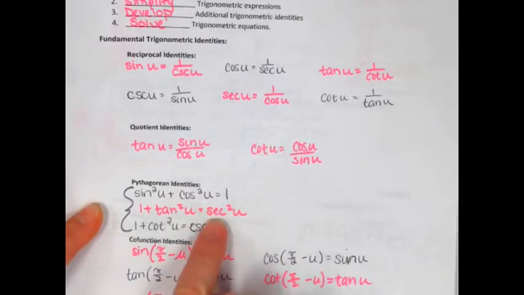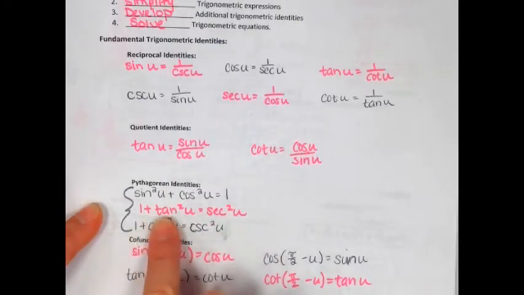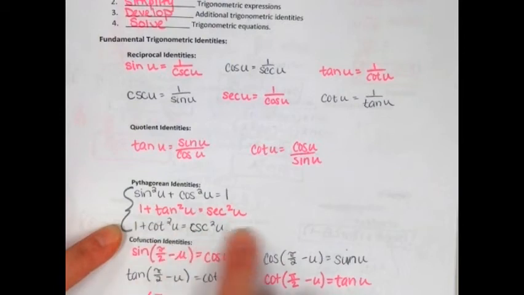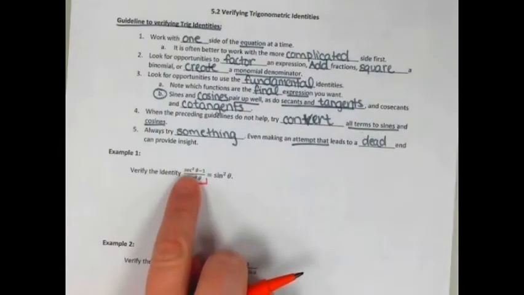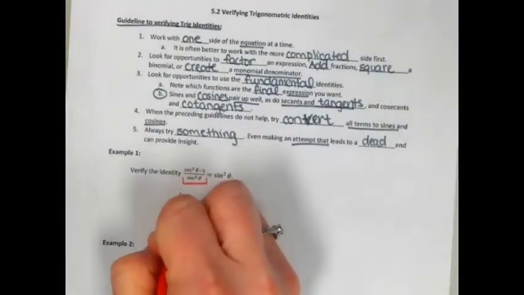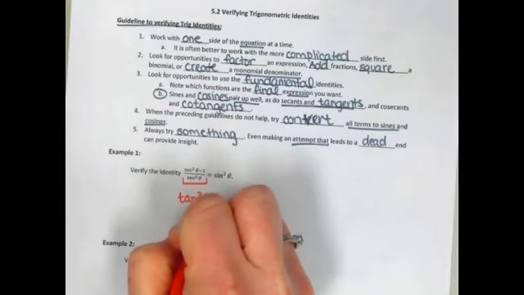We know that secant squared equals 1 plus tangent squared. So if I subtract that 1 over, secant squared minus 1 equals tangent squared. So can I take my numerator and change it to tangent squared theta?